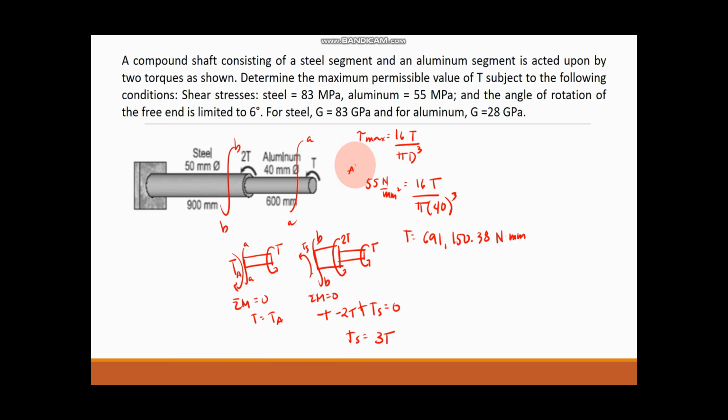And then for steel, so ito is yung aluminum kanina. And then let us proceed to steel. The shear stress is 83 megapascal, 16, and then the value of T for steel is 3T divided by pi multiplied by the diameter, which is 50 raised to 3.